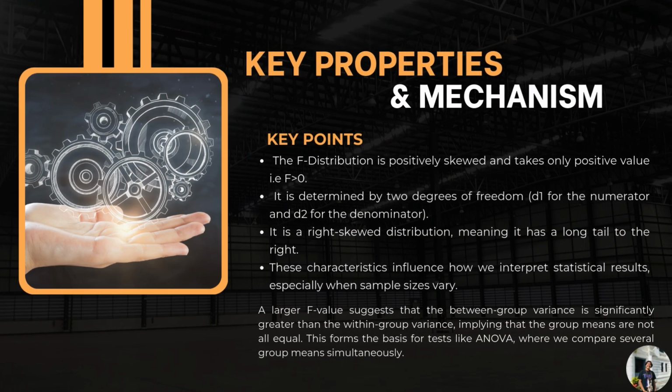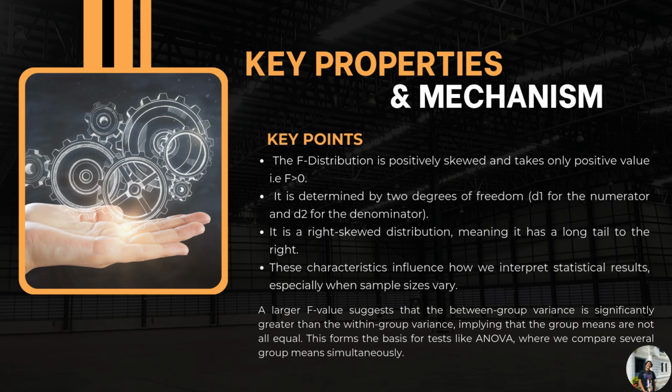Now let's take a look at some key properties of the F distribution. First, the distribution is positively skewed and only takes positive values, that is F is greater than 0. It is determined by two degrees of freedom, D1 for the numerator and D2 for the denominator. It is a right skewed distribution, meaning it has a long tail to the right.